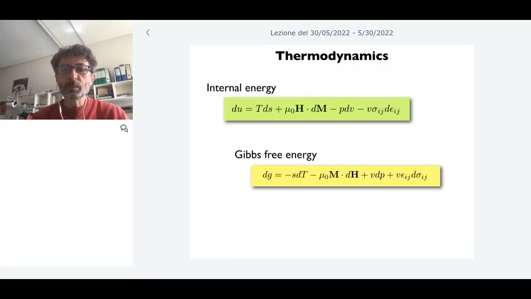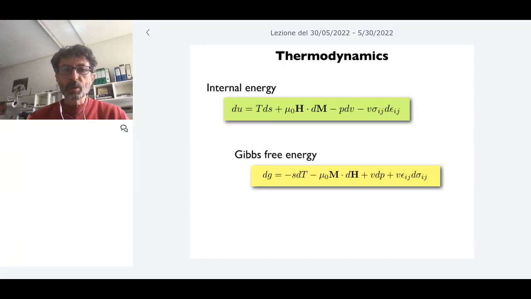But now if we put the complete list, we see that the internal energy may change because we may have a heat flux. So TdS, temperature times the variation of the entropy. Or because we make an external action with the magnetic field, so mu0 H dM.